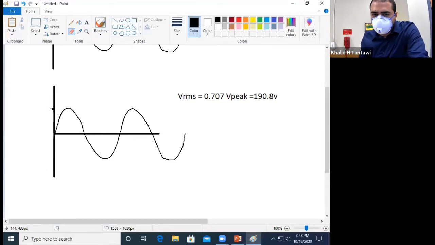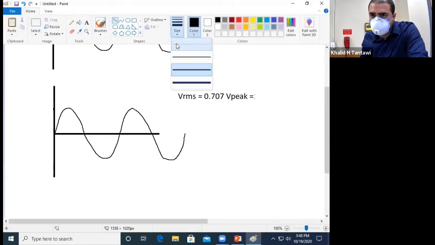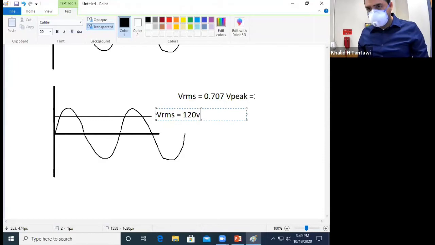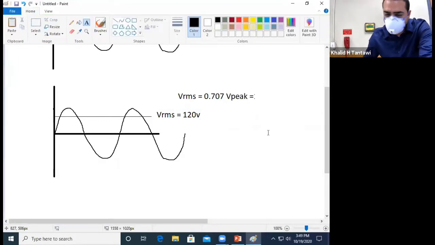If VRMS was equal to 120 volts, what is going to be the peak voltage?